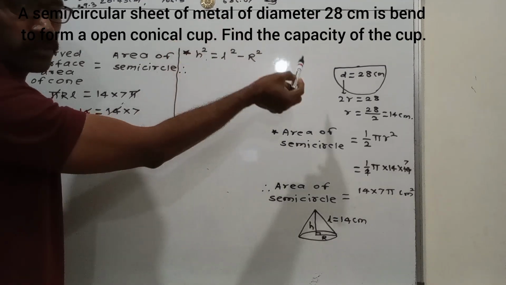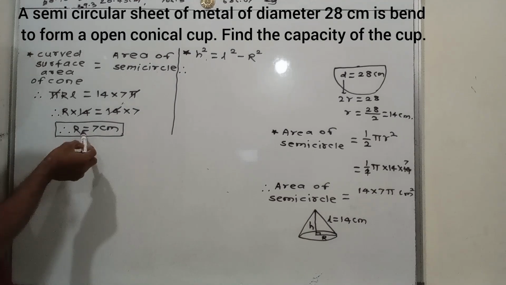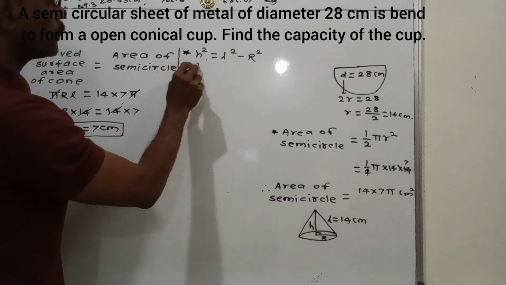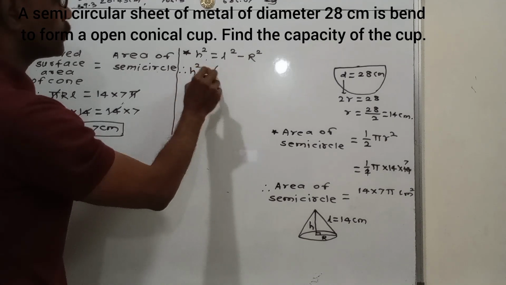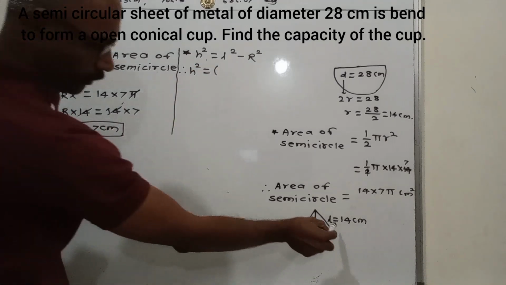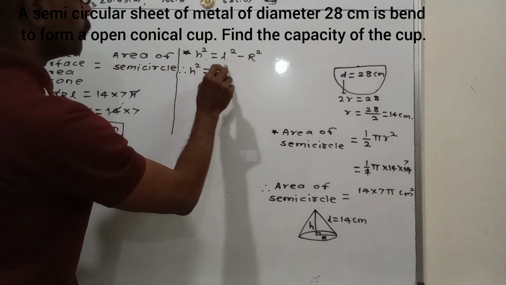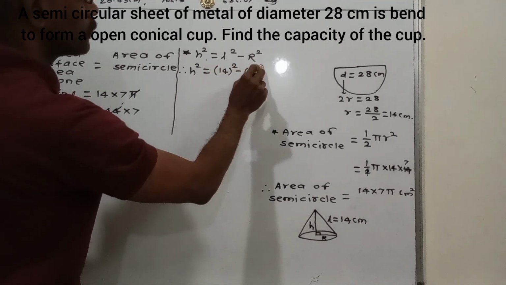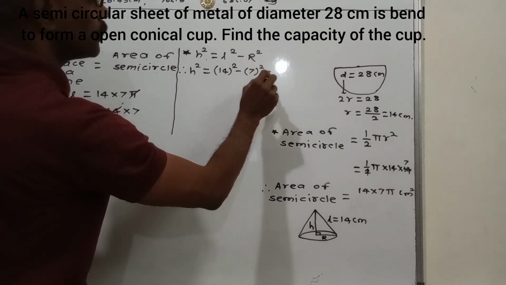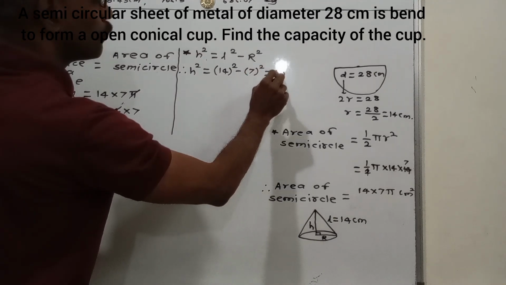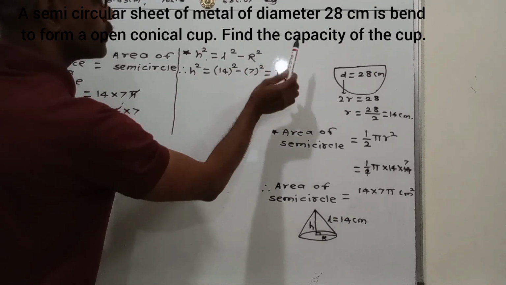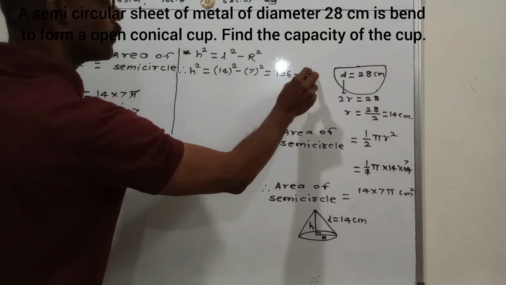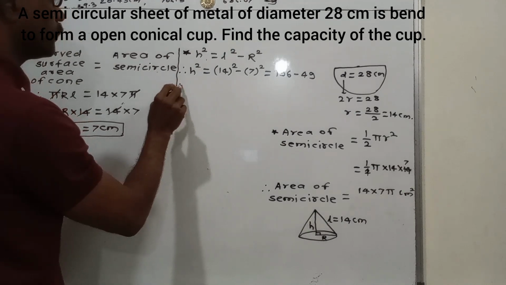We take plus R square to the right side because we know the value of R and L. H square is equal to 14 square minus 7 square, which is 196 minus 49.